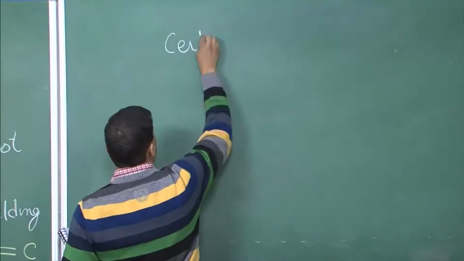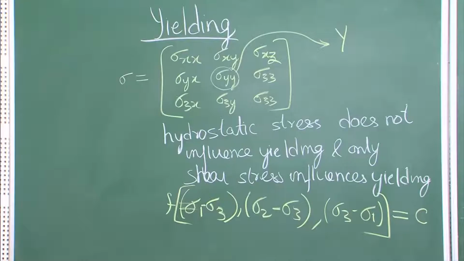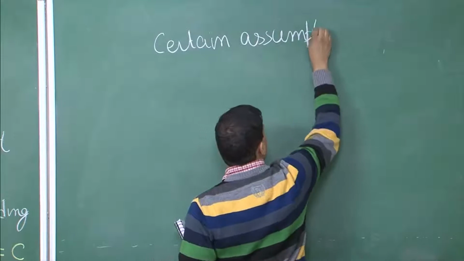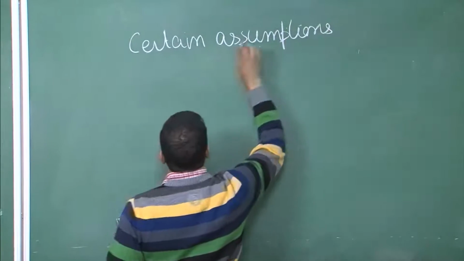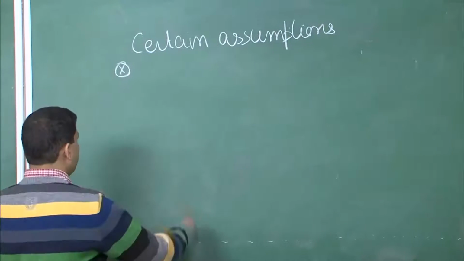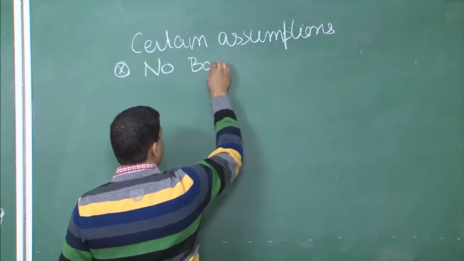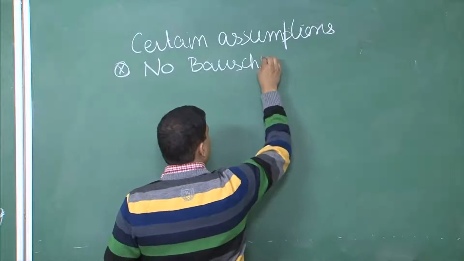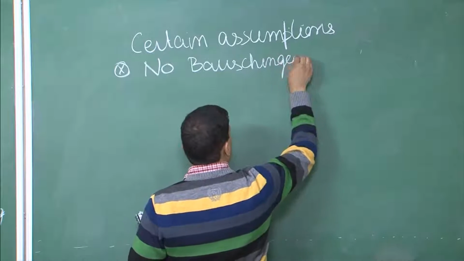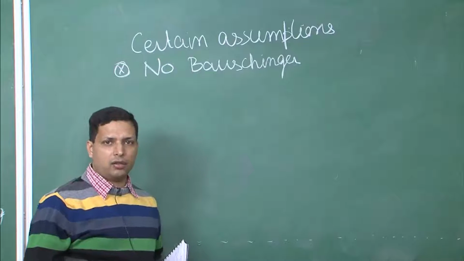So, coming back to certain assumptions, what are those assumptions or constraints that we need to put so that we can formulate some criteria? First and foremost is no Bauschinger effect. What is the Bauschinger effect? The Bauschinger effect is when you have different behavior in tension and in compression.